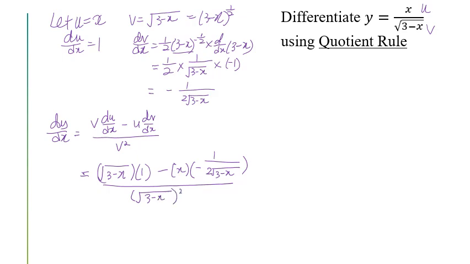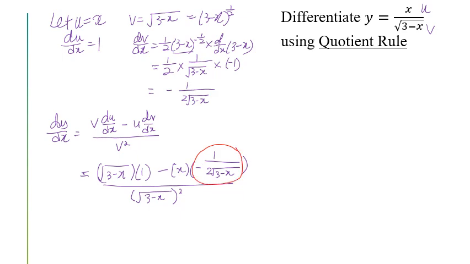Okay, so this is the tricky part. Some of you may want to take out common factor like (3 minus x) to the power of negative half, that kind of thing. I find it very complicated. I find it's easier you just do this simple trick. This simple trick works magic. You just look at the term that has an algebraic fraction. So the term that has an algebraic fraction will be this one here.